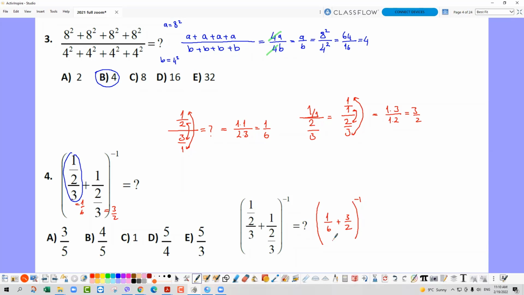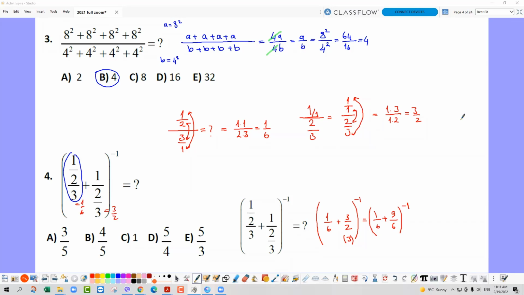Here, this is a fractional operation. In a fractional operation, the denominators should be the same. So to make the denominators the same, I'm going to multiply this one by 3. 3 times 2 is 6, so here 1 over 6 plus 3 times 3 over 2 is equal to 9 over 6, to the power of minus 1.